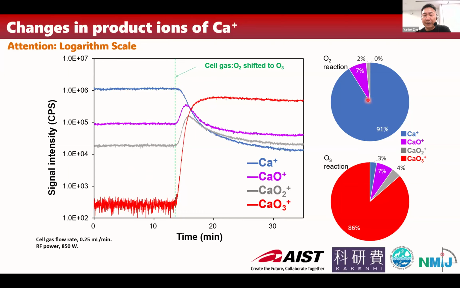If we plot it in a pie chart, the major ion is calcium by itself, with a little bit of monoxide, dioxide, and trioxide. This vertical axis is a logarithm scale, so it's a big difference. When we shift the cell gas to ozone, you can see the trioxide ion increase sharply to become the dominant species of calcium.